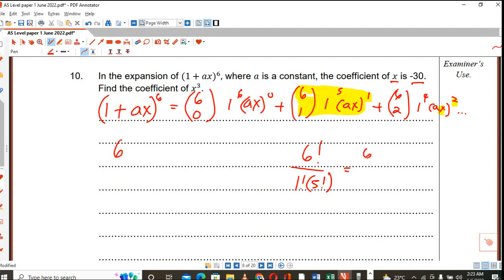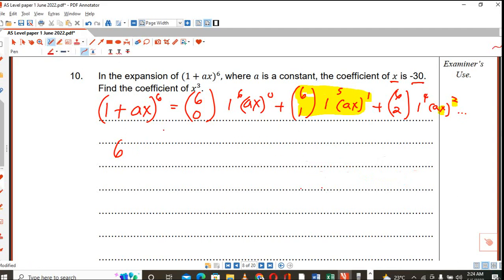Remember that's 6 times 5 and so on. Well, of course, the 5 factorials cancel, and 1 factorial is 1. The answer therefore is equal to 6.